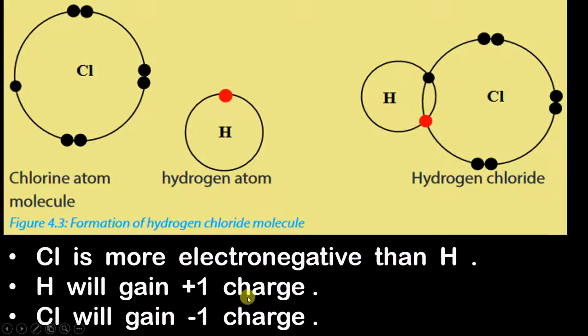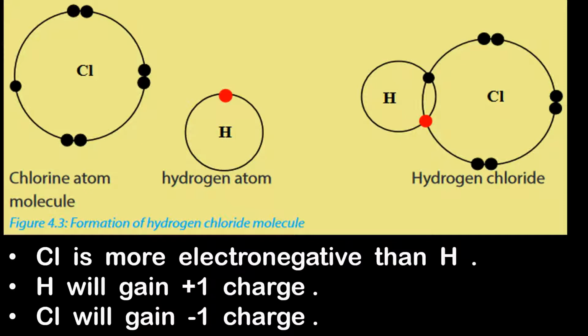Now this plus one and this minus one are nothing but the oxidation numbers. So the oxidation number of hydrogen in the HCl molecule will be plus 1, whereas the oxidation number of chlorine in the HCl molecule will be minus 1. I hope you have understood the meaning of an oxidation number with the help of this example.